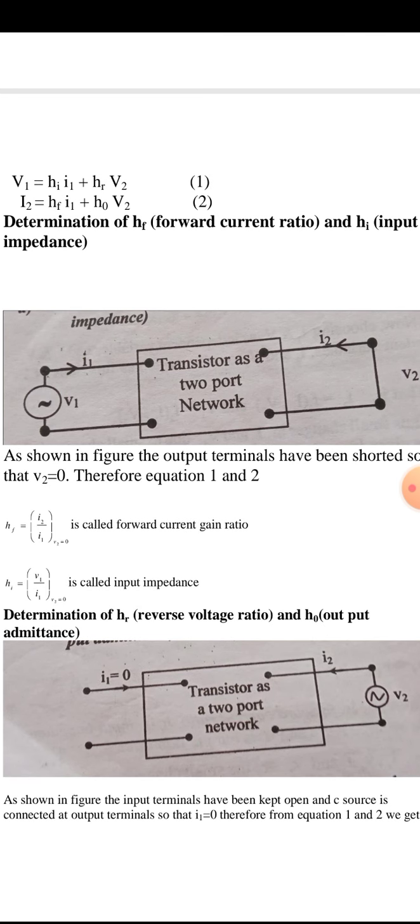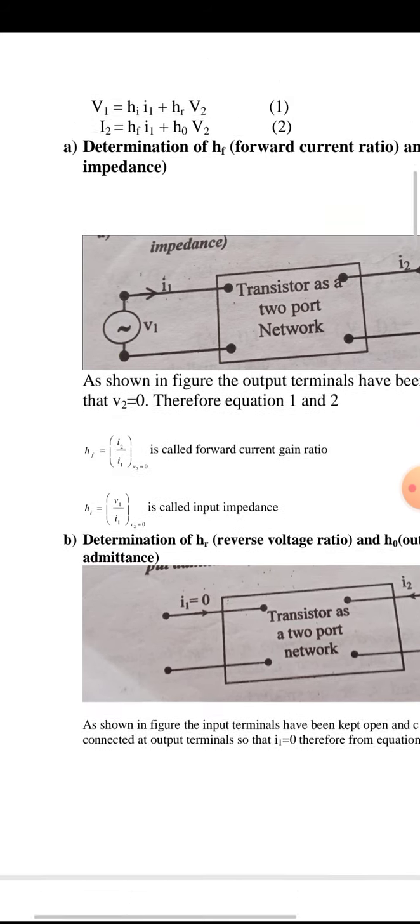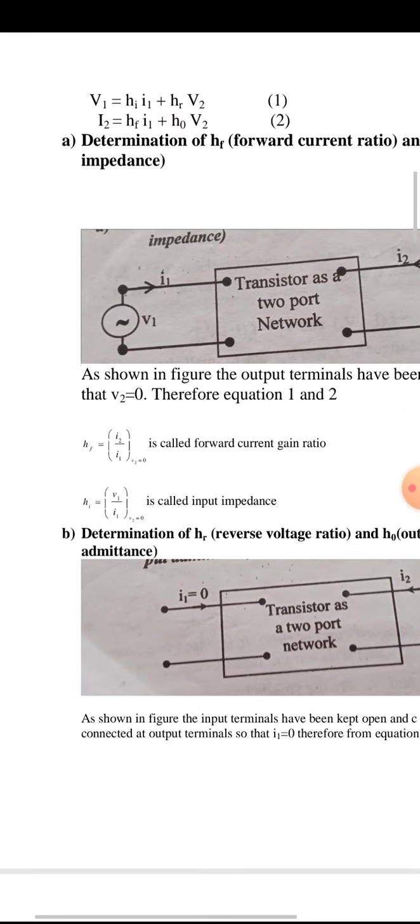Input side open means I1 is equal to 0. Now put the value of I1 in equations 1 and 2. Now calculate.